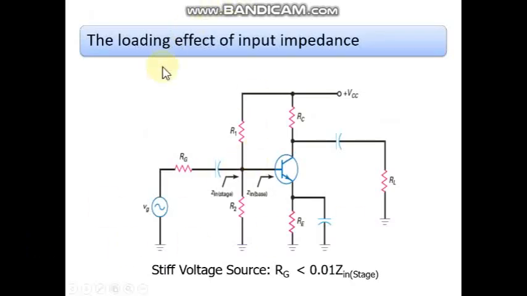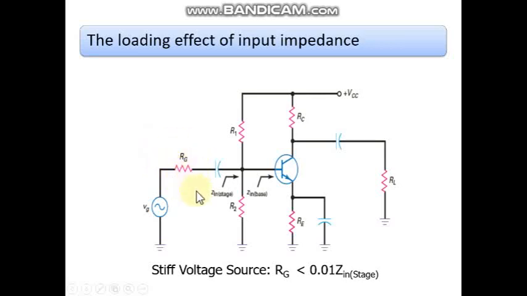The next topic is the loading effect of the input impedance of the voltage source. Till now, whatever input voltage source we are connecting, we are considering its input impedance as 0. But we know that every voltage source will have its own input impedance. That will be a lower value.